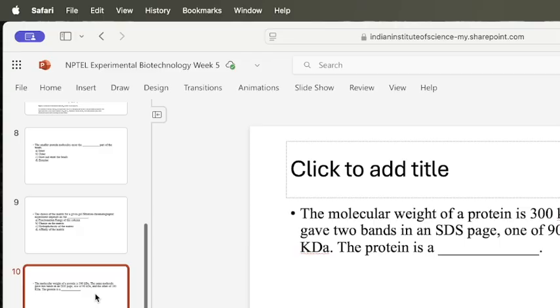How would you approach such a question? You're given the total molecular weight of a protein, and they say that you see two bands, one of 90 kilodalton, the other of 180 kilodalton. The protein is a dash. This is the question.